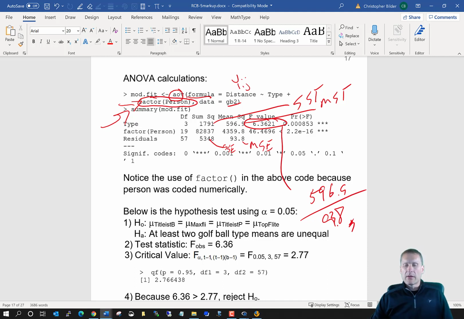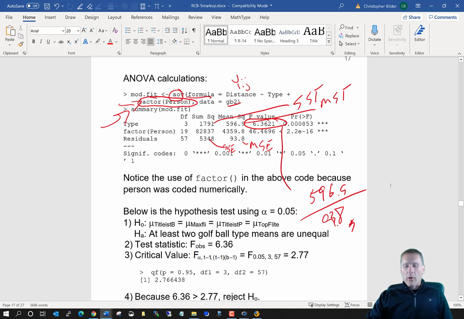Okay, get 6.36. The corresponding p-value is 0.000853. So it looks like we do have a lot of evidence here that indeed the mean distances that these golf balls go are different based upon the golf ball type.